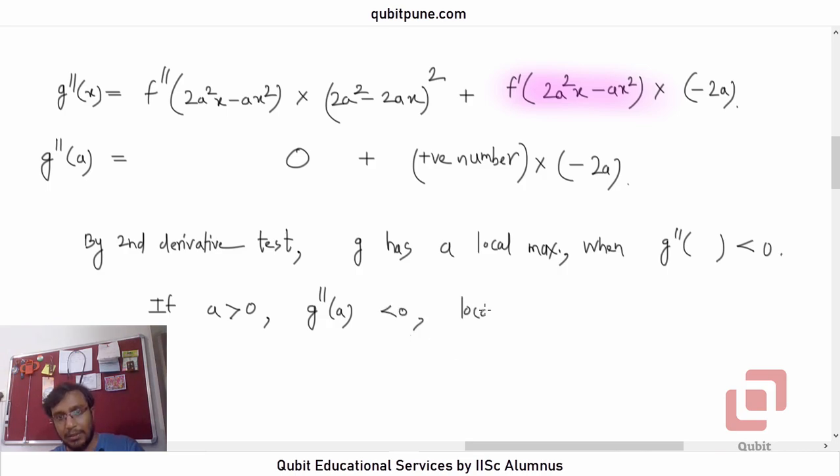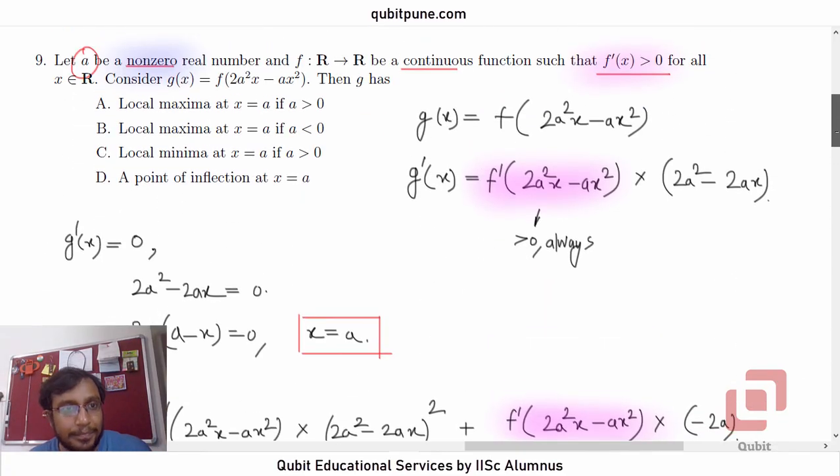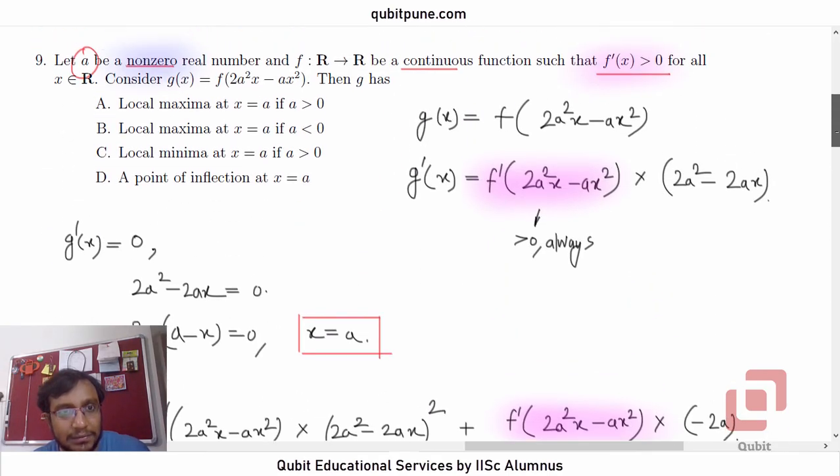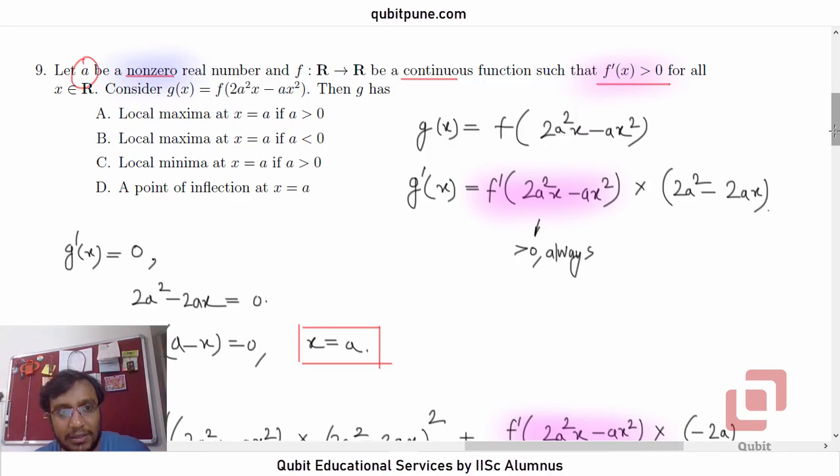So local maximum. Correct? Okay, do we have this option by the way? Local maximum when a is positive. Okay, so option A is tentatively correct.